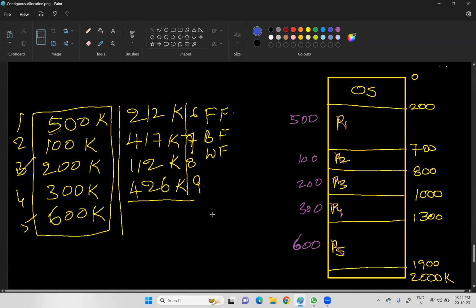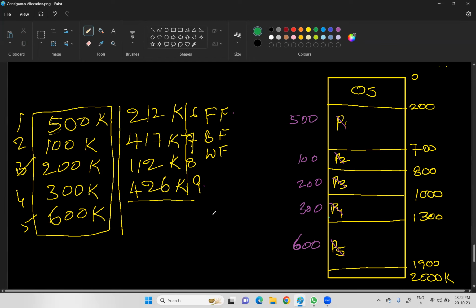You can see 212, process P6. While it is being taken here, the smallest hole is the best fit for this particular allocation. Let me take another color again. It could be somewhat easier. So the smallest space which is big enough for 212 is this one.